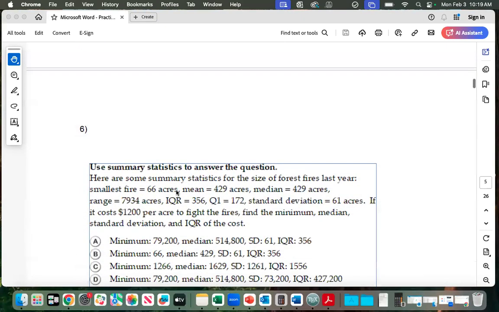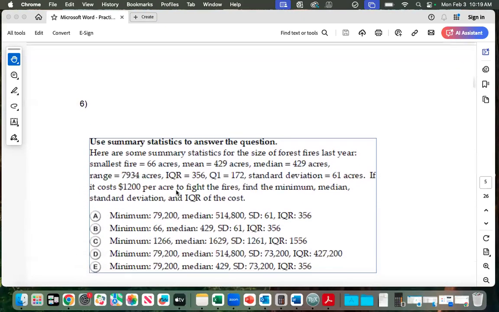Let's get to 6. For 6, we are told that here are the summary statistics for the size of forest fires last year. The smallest is 66 acres.